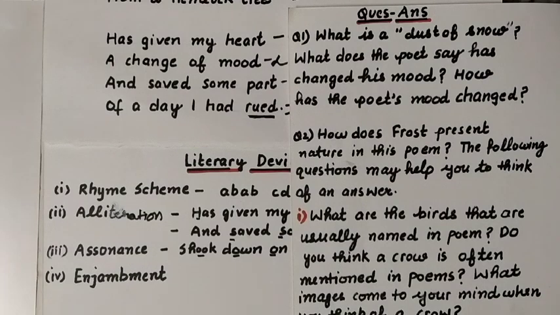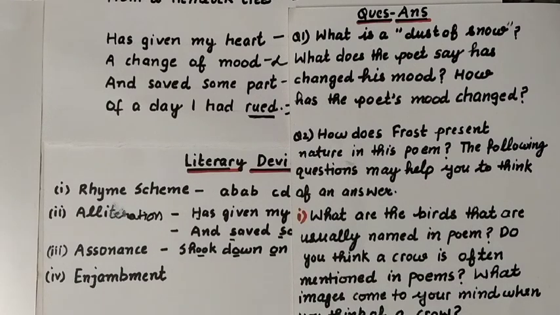The poet was in an awful mood when particles of snow had fallen on him. Alright? And how has the poet's mood changed? This changed the poet's frame of mind instantly, and his day got a lot better.